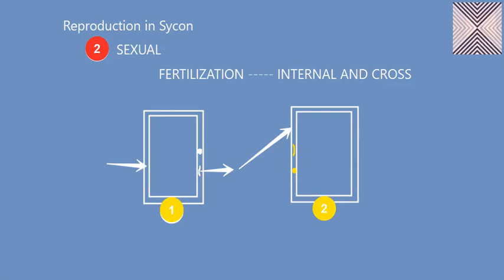Finally, as we have previously discussed in the video on the choanocytes, we have discussed the whole physiology of fertilization. So the sperm from the first will go to sponge number 2 and fertilize the egg of sponge number 2. That will be a cross kind of fertilization. And this particular sperm, the yellow sperm of Sycon number 2, will fertilize the egg of sponge number 1, or it can go to sponge number 3 or 4. So this is the cross fertilization.